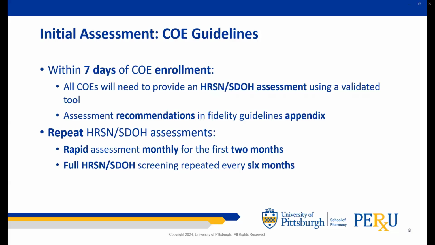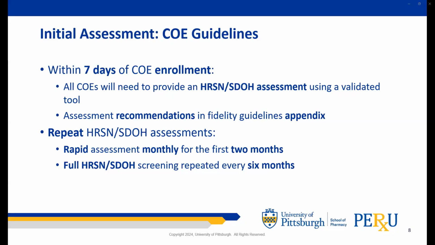An original requirement from the MA Bulletin was utilizing an assessment tool or questionnaire to identify a COE member's treatment and non-treatment needs and to refer COE members to resources for identified non-treatment needs and social determinants of health, such as transportation, housing, nutrition or food, education, employment, training, legal services, and child care.